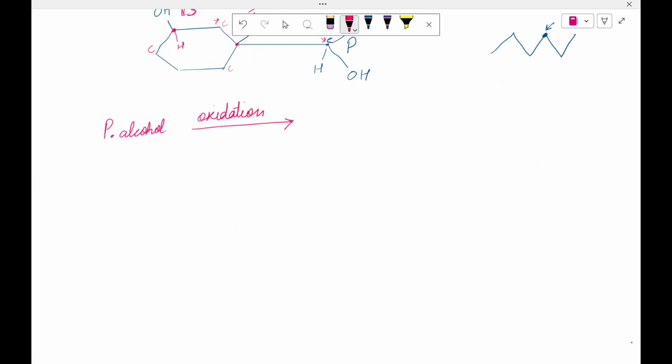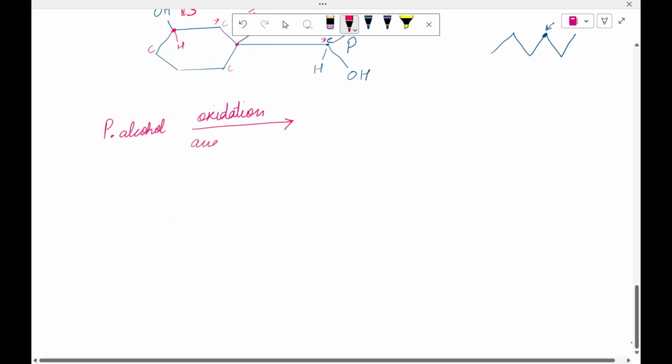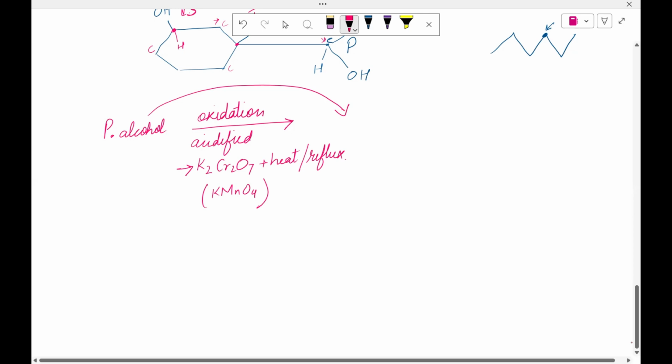When primary alcohol undergoes oxidation in the presence of acidified K2Cr2O7 in a heat reflux reaction, we have already discussed this. We can even use KMnO4 as well, but K2Cr2O7 is basically preferred for this reaction. So what is going to happen? The primary alcohol is going to be changed into aldehyde.